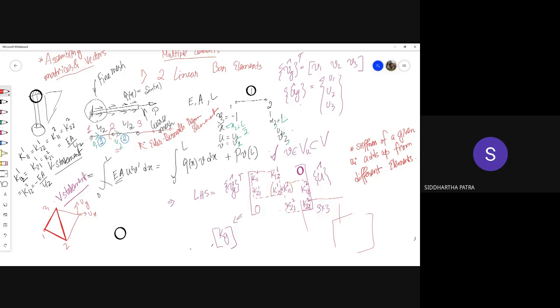So what I'll have to do there is globally number all the degrees of freedom. For example, in these two triangular elements, I can number the degrees of freedom like this. And we will do CST triangular elements in a later class, but I just want to explain this right now. U1, U2, then for this one, U3, U4, U5, U6, then U7 and U8.